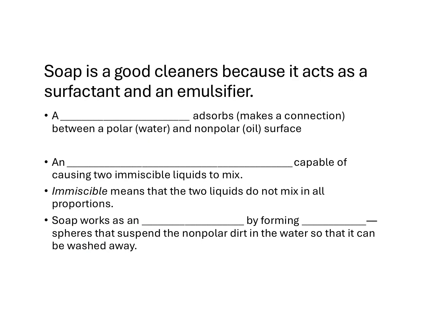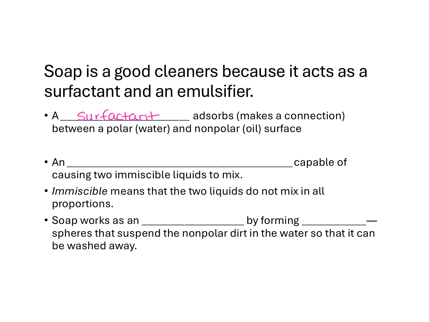Now, soap is a good cleanser because it acts as both a surfactant and an emulsifier. And I want us to have some definitions of these. A surfactant adsorbs. And adsorbs means it makes a connection between a polar molecule, which is water, and a non-polar surface, which is oil.